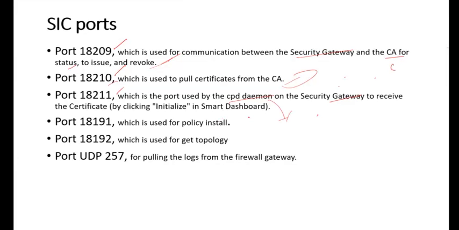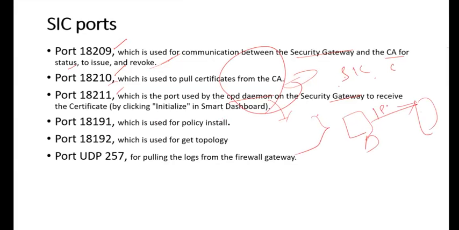These are the three main ports related to SIC. These are also SIC ports, but used for a different purpose. As I mentioned yesterday, the console and management server communicate with port number 18190. Let me mention that point here.